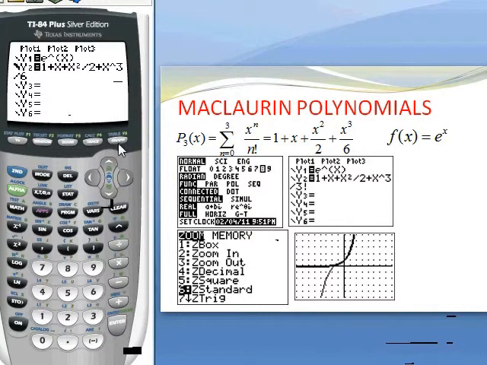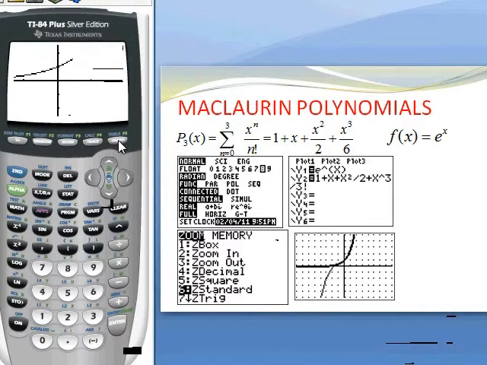Here's the darker version. Let's graph it. You see around 0, you hardly see the difference between these two functions. The first one was drawn, and the second one was almost on top of it, around 0. So you can visually see that with the graph feature of your graphing calculator.